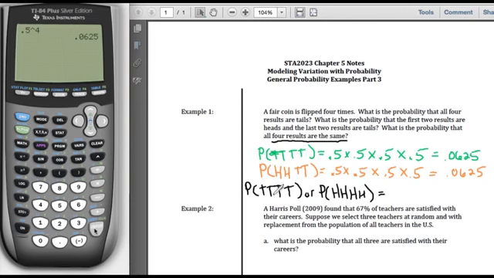We know the probability of tails, tails, tails, tails already is 0.0625. To that I'll add the probability of 4 heads, which is also 0.0625, and that is 0.125. Just 0.0625 plus 0.0625 gives me that 0.125.